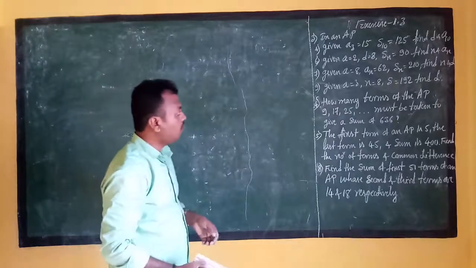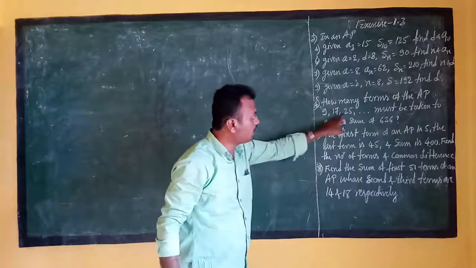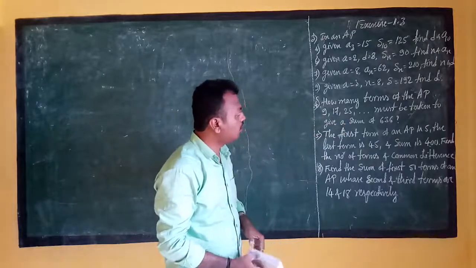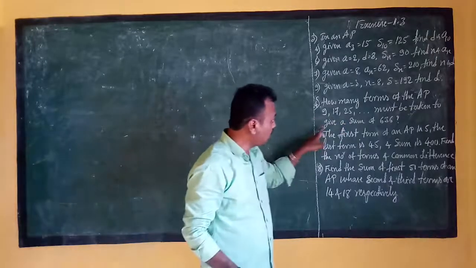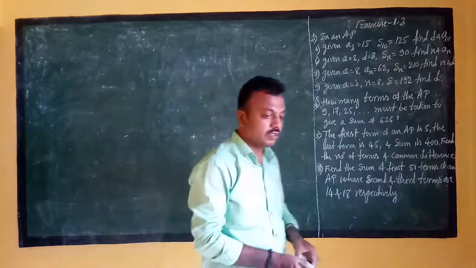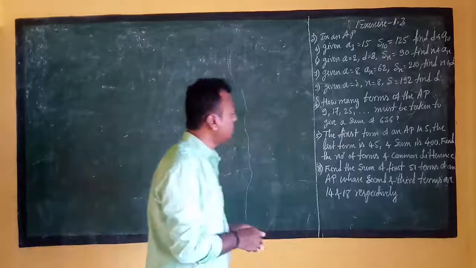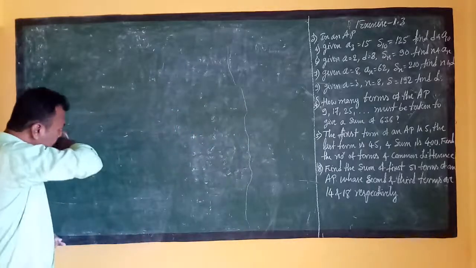What is question number 4? How many terms of the AP 9, 17, 25, dot dot dot must be taken to give a sum of 636. Okay students, so here what they have given: how many terms of the AP, how many terms means n is equal to question mark.